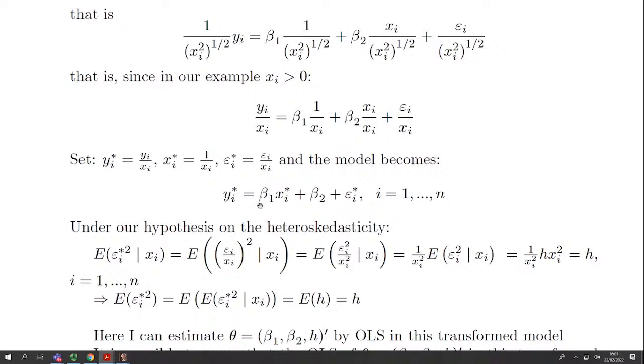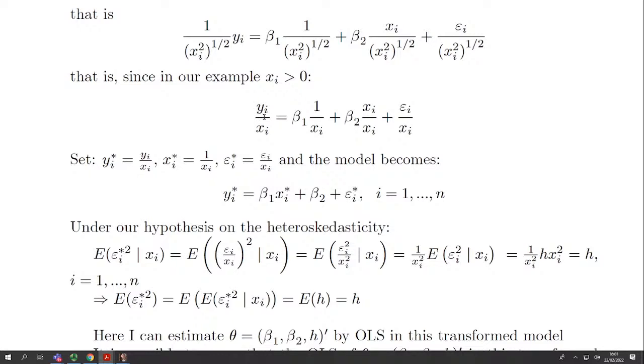And this is something that I can take to the data. This is something I can deal with in Gretl. I will show you now, because I simply have to build the ratio between CO2 emission over log of household expenditure.